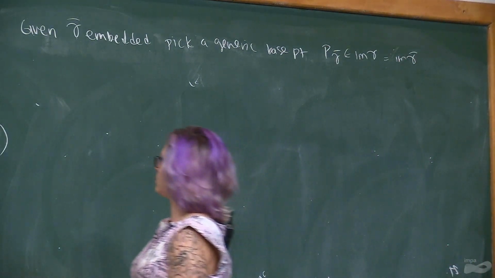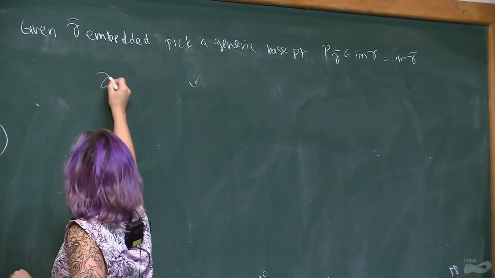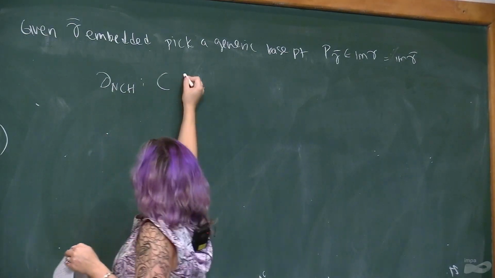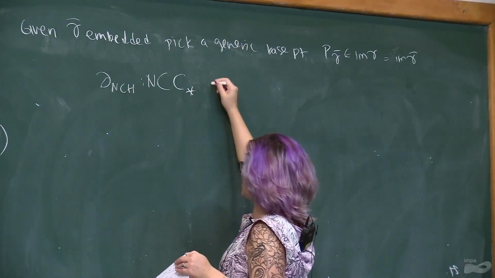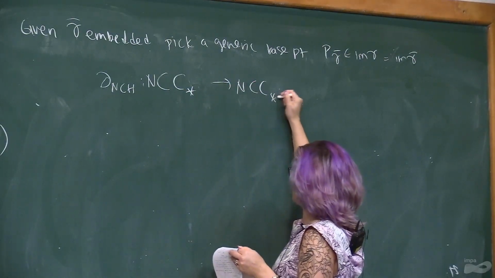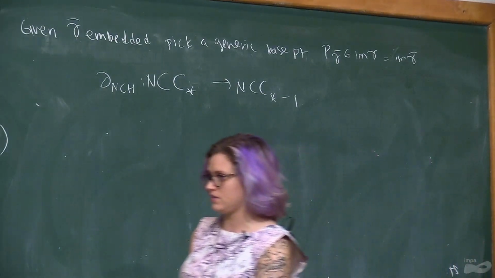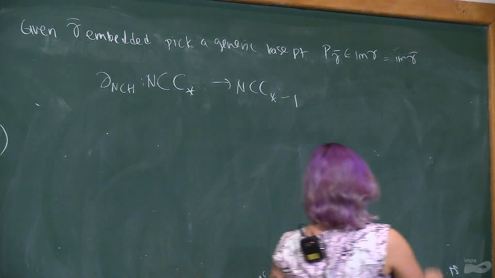and then the way that I'll set up my differential is, overall it will go from NCC star to NCC star minus 1. It's a little bit confusing how to think exactly of the grading because of this formal symbol business, but it works out if you interpret gradings correctly.